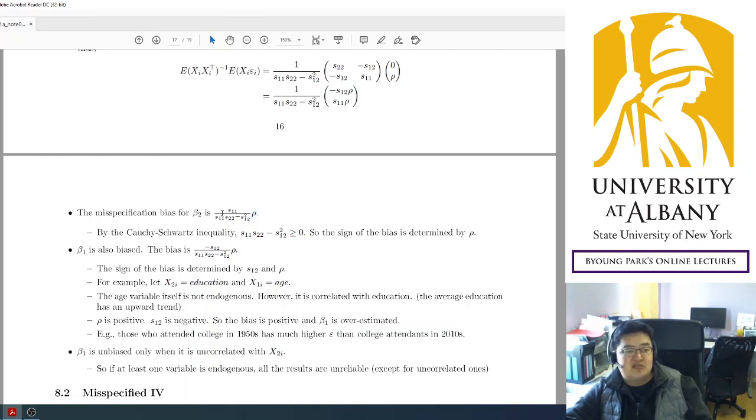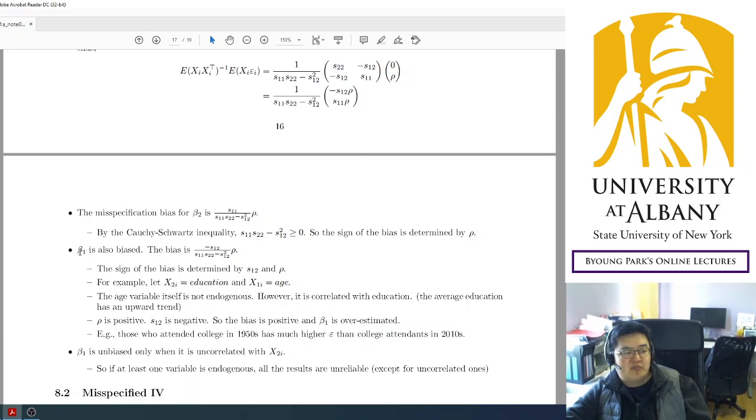So that means the misspecification bias always exists, non-zero, as long as x2 is endogenous. Obvious. Whenever it is endogenous, you have some problem, right? When rho equals 0, that means x2 is exogenous, so it is obvious that beta 2 is correct.